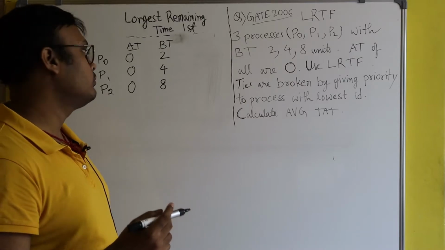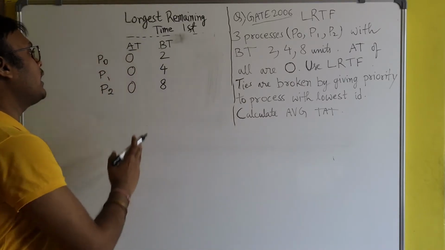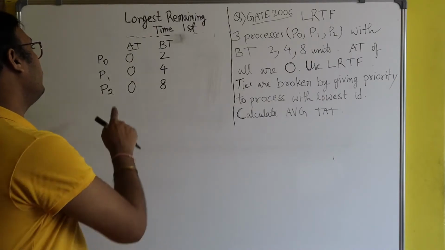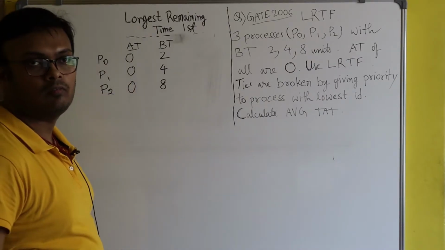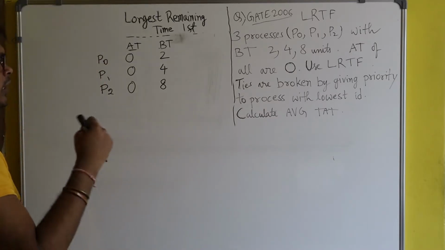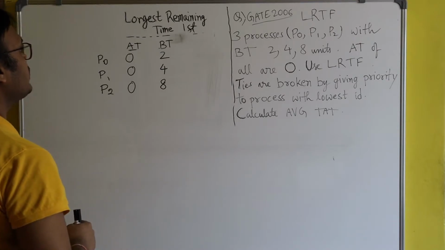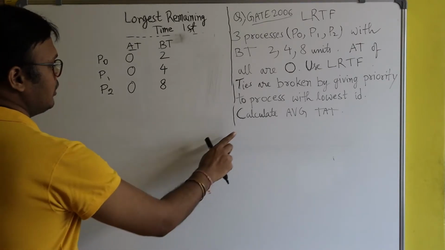But here the arrival times are all equal, so to break the tie we will use process ID. And moreover, it is given in the question. So just solve it using the longest remaining time first algorithm.